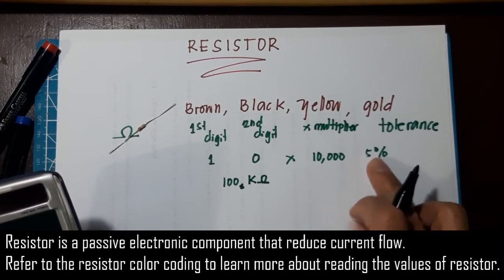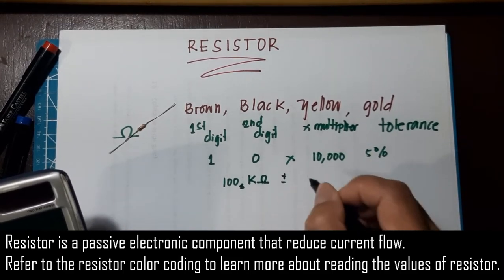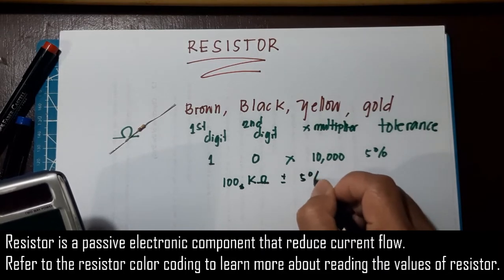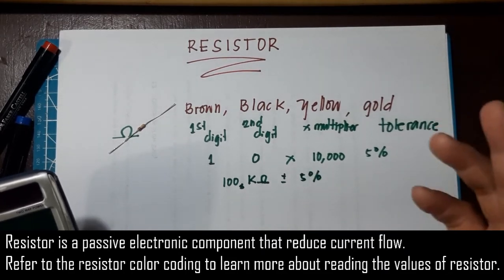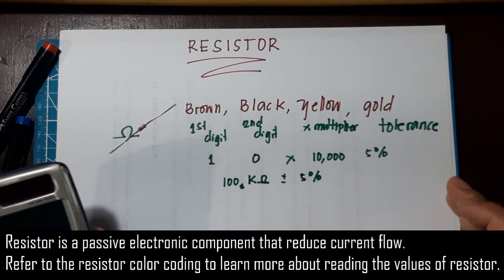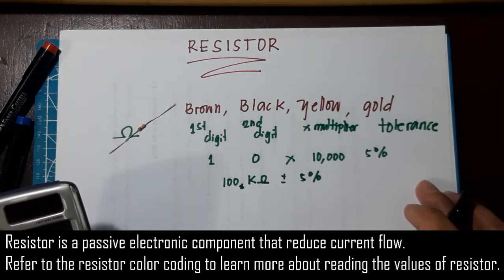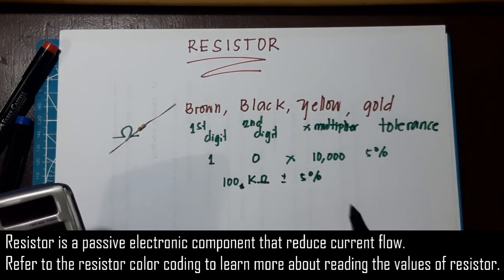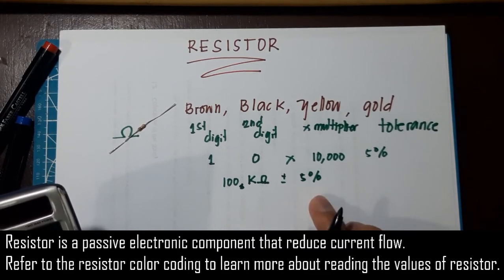And then the tolerance is plus or minus 5%. There is normally a percentage error, which can increase by 5% or decrease by 5%.